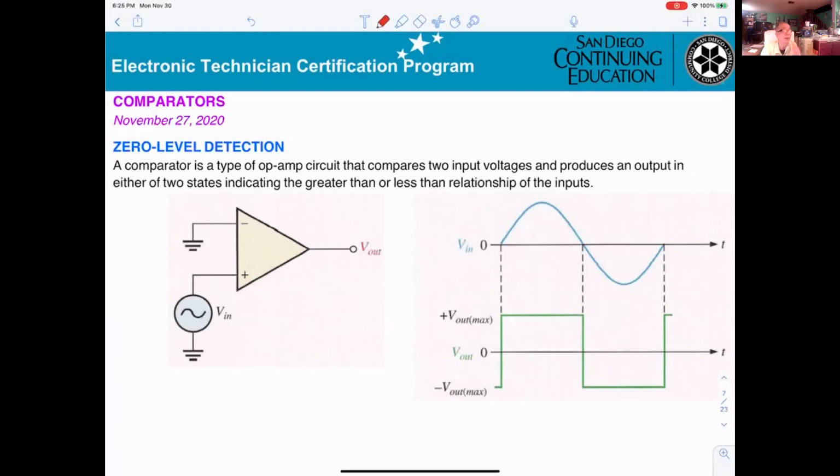So comparator is a type of op-amp circuit that compares two input voltages and produces an output in either of two states indicating the greater than or less than relationship of the inputs.